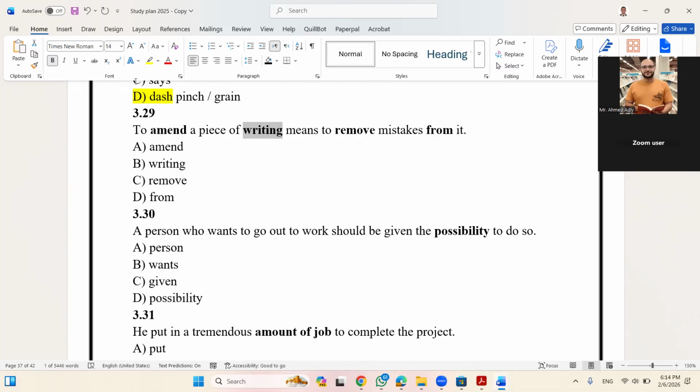We said first, brainstorming ideas. Two, drafting. Three, reviewing. Four, editing. Five, publishing. So, what is a mistake here? To amend a piece of writing means to remove mistakes from it.